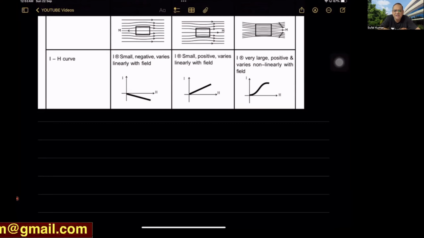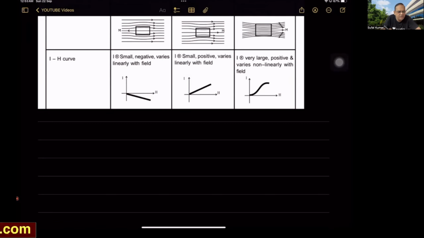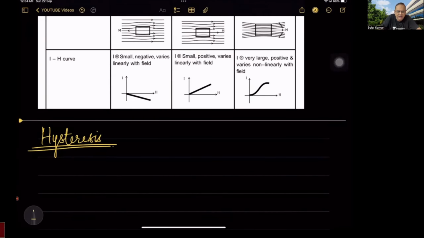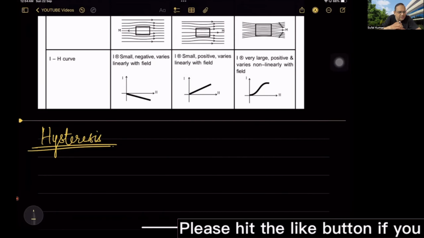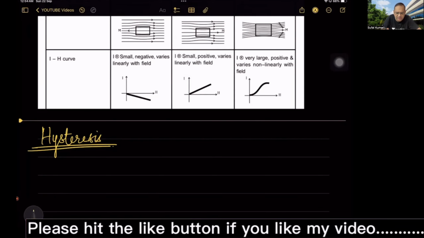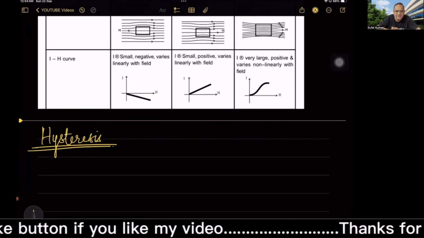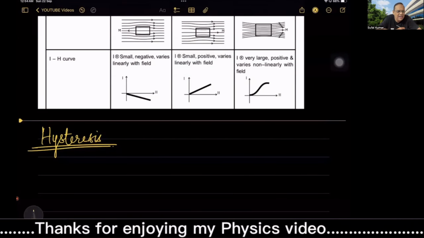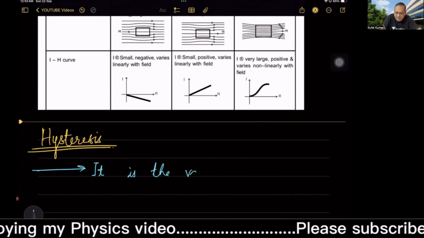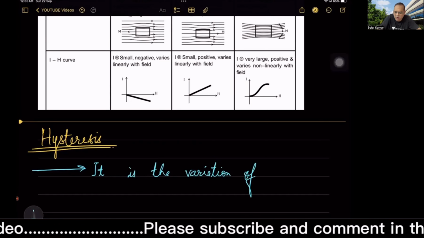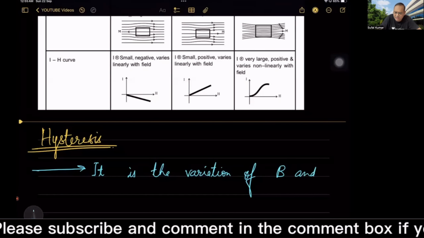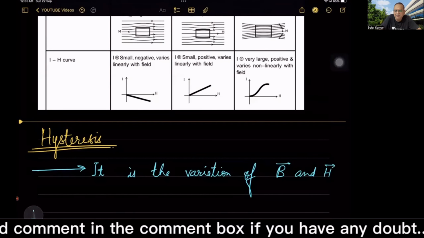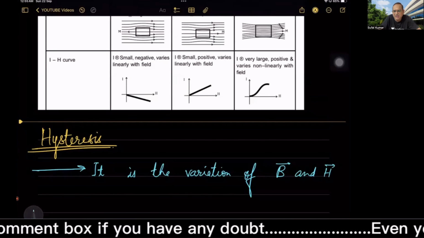So a very slight discussion. What is hysteresis? Let us first know, in terms of definition, what is hysteresis. Basically, hysteresis is the variation of B and H. B means magnetic field induction.